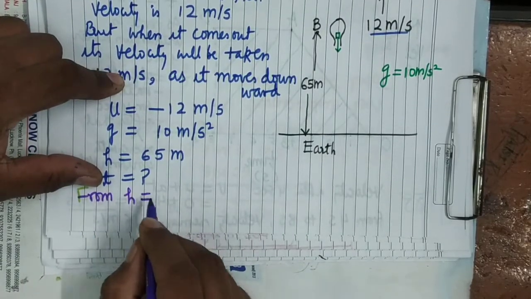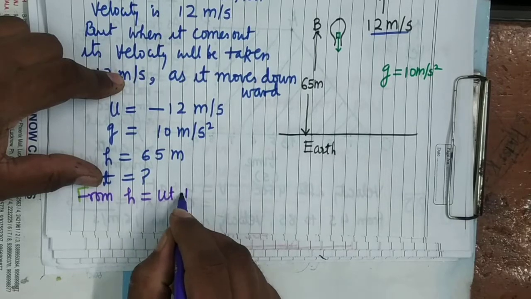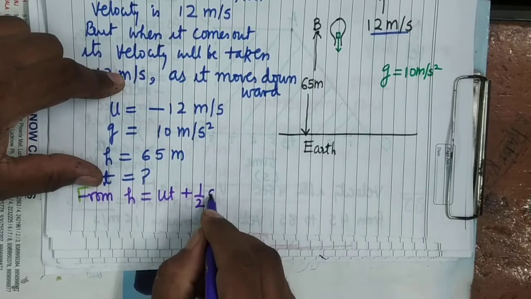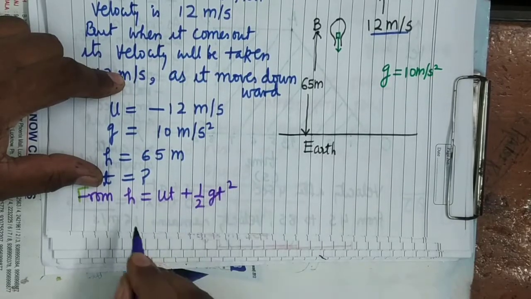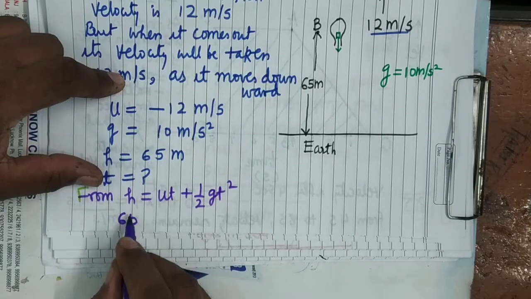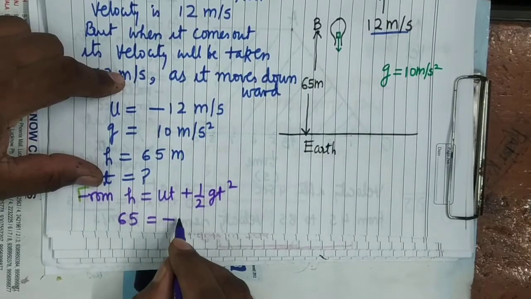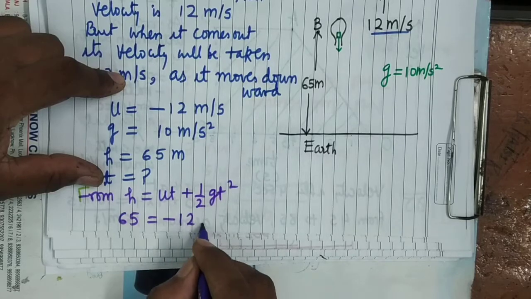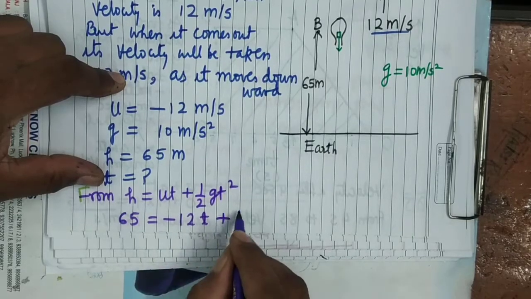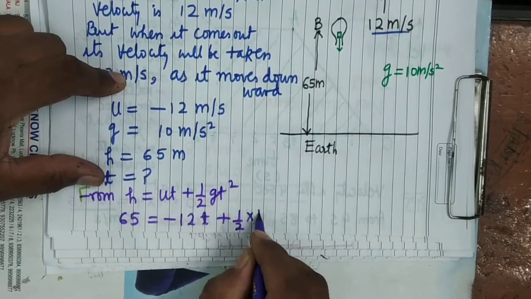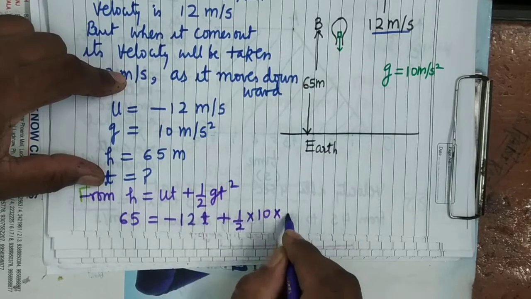h equals ut plus half gt square. You substitute the values. h is given 65. u is given minus 12 into t plus 1 upon 2, g is given 10, into t square.